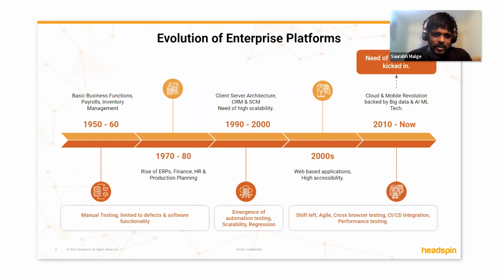Going forward, there was a lot of rise in enterprise ERP platforms, and then we saw a lot of finance management of these industries done on enterprise-level applications. Also, HRM and production planning were taking pace in these platforms. The 1970s and 80s saw the introduction of a lot of different functions in terms of enterprise platforms.